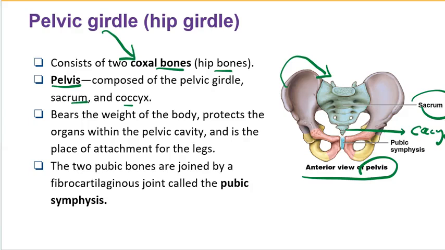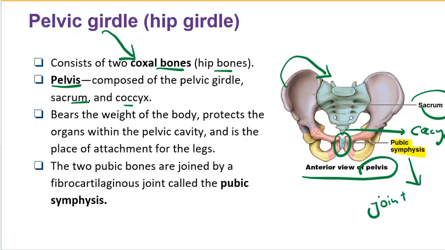As you can see here, the 2 hip bones articulate together anteriorly, and here we have the pubic symphysis. The pubic symphysis is the joint where the right and left hip bones articulate together.